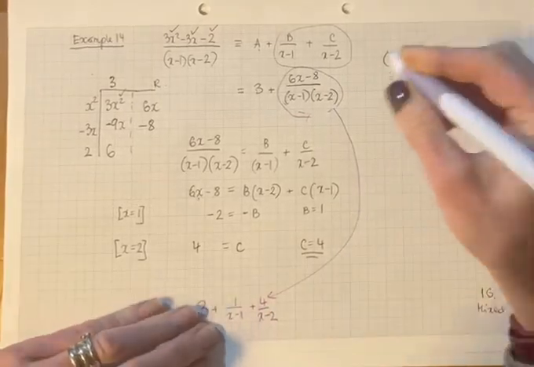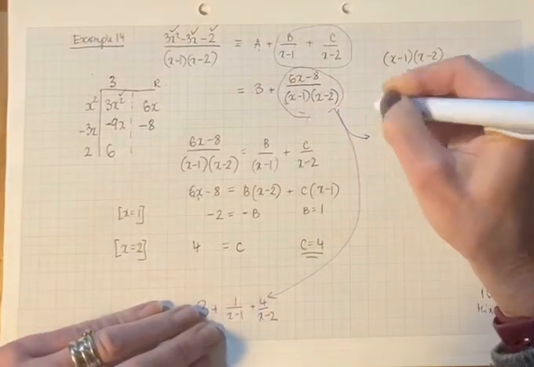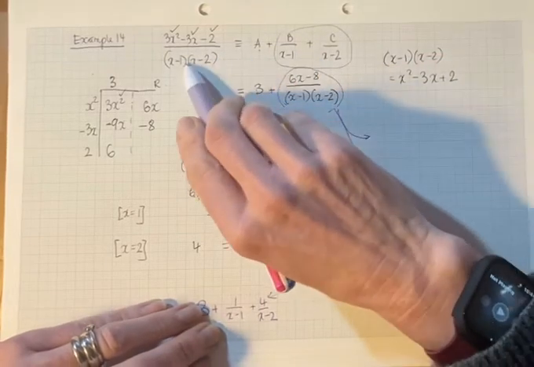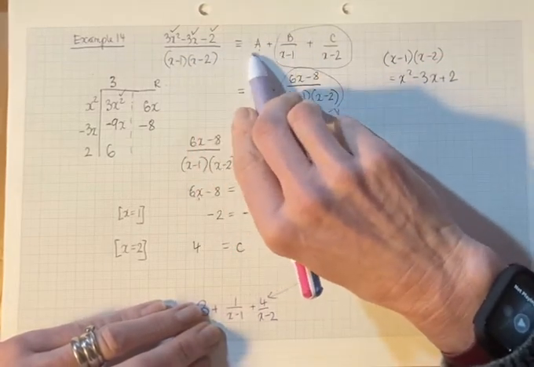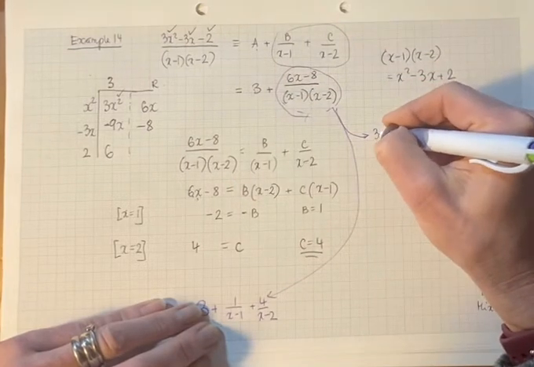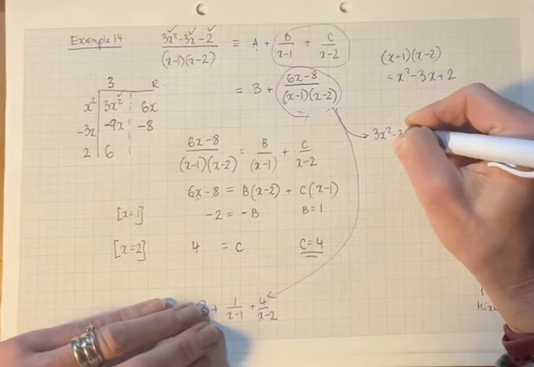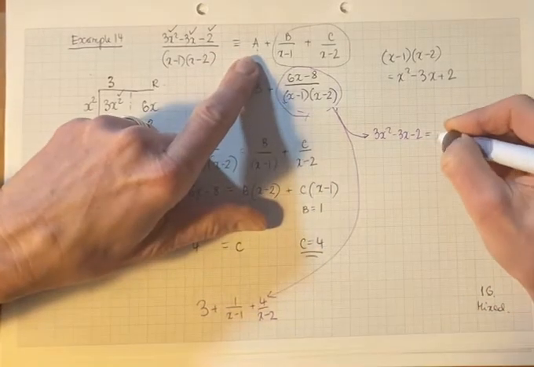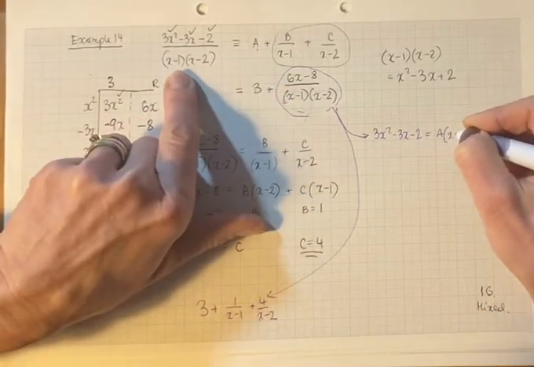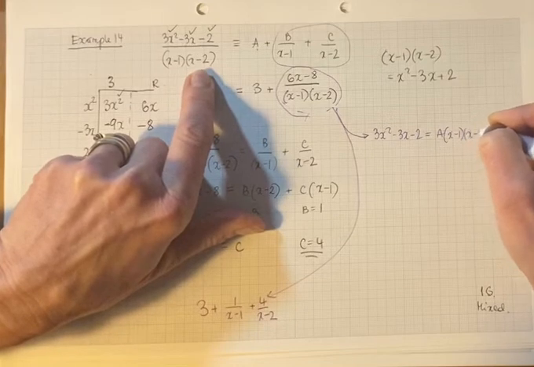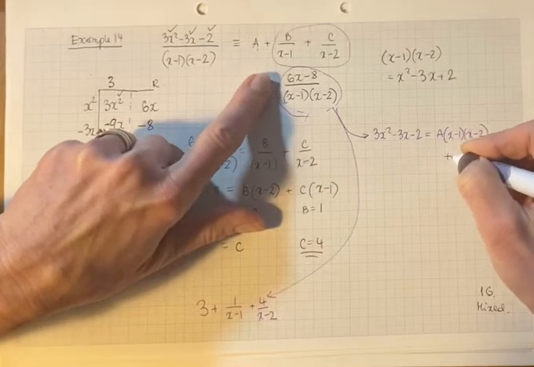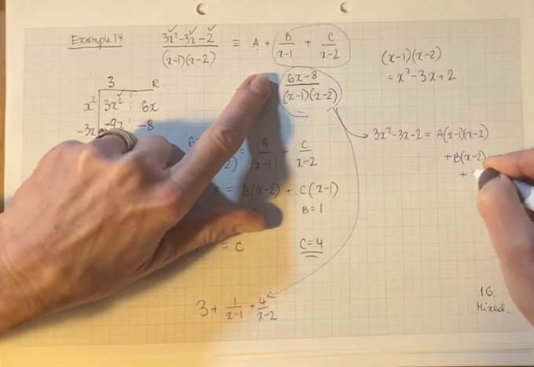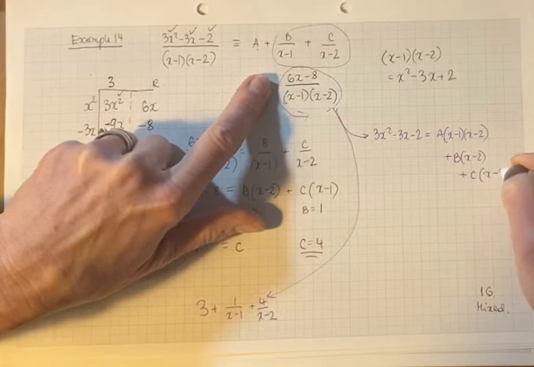Now, I said I will show you a different way of doing it. If you have the form already provided, you can multiply it through by this denominator straight away, and then you've got 3x squared minus 3x minus 2 is equal to a times x minus 1, x minus 2, plus b multiplied by x minus 2, plus c multiplied by x minus 1.